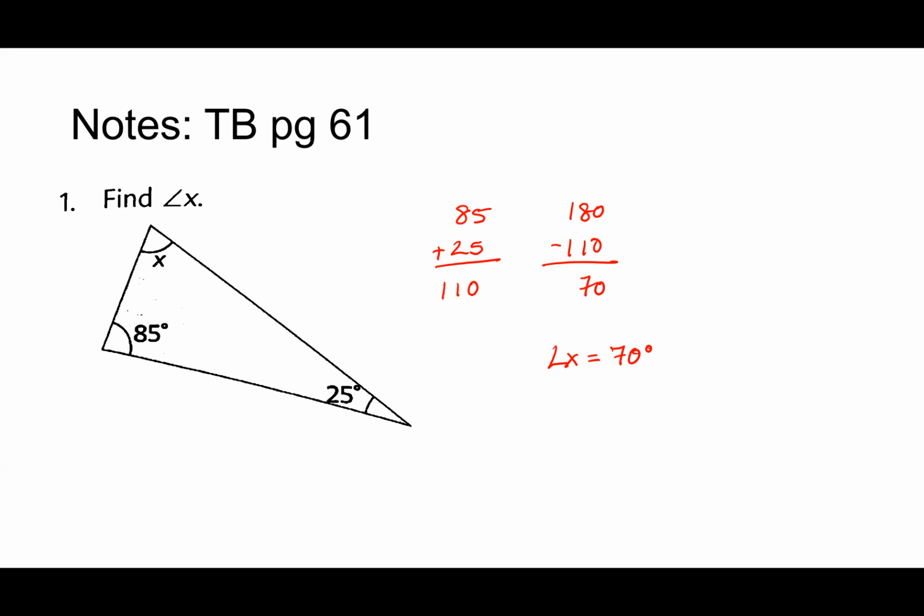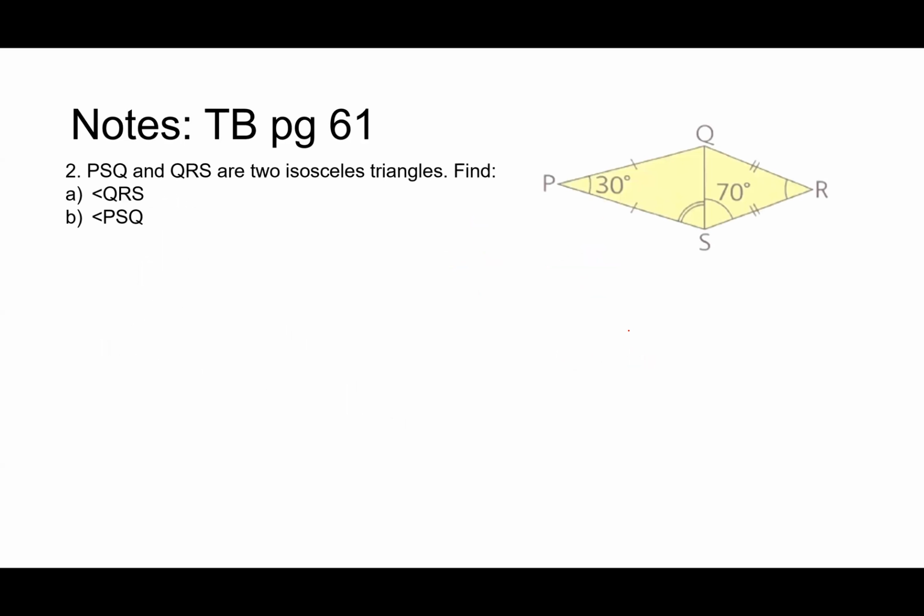Okay. Let's take a look at the next figure on number 2. PSQ and QRS are 2 isosceles triangles. So you can tell that these 2 sides are equal to each other and these 2 sides are equal to each other. Find angle QRS, so this one, and angle PSQ, this one. Okay, any ideas? What do you think?